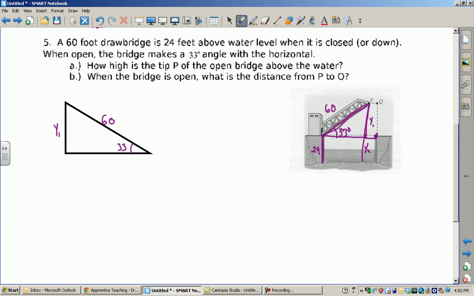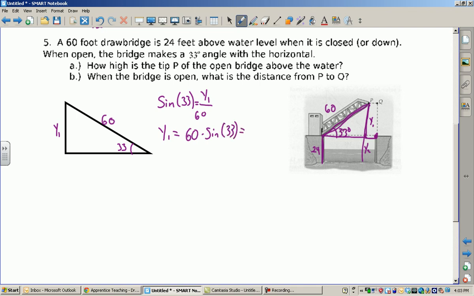Going back to part A, I'm going to use the sine. The sine of 33 degrees is equal to y over 60, opposite over hypotenuse. When I solve for y1, I get y1 is equal to 60 times the sine of 33.